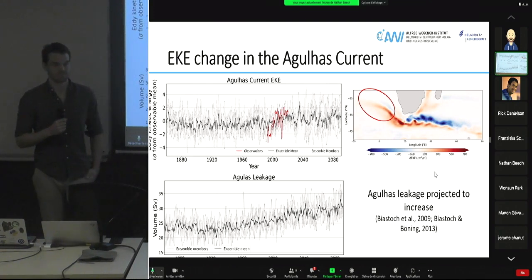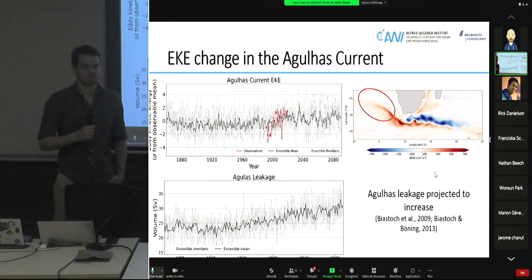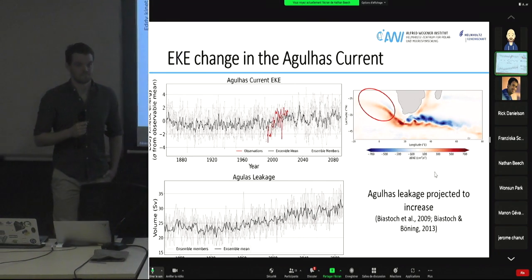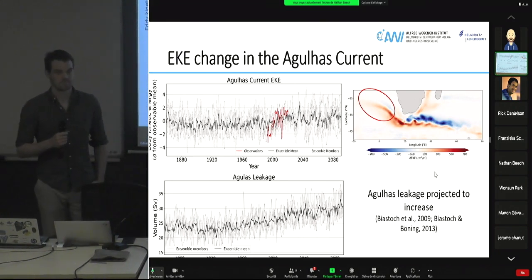And this might be kind of an unfair question, considering that coarse ocean models always get the North Atlantic current pathway wrong, or I mean the separated Gulf Stream tends to be too zonal.